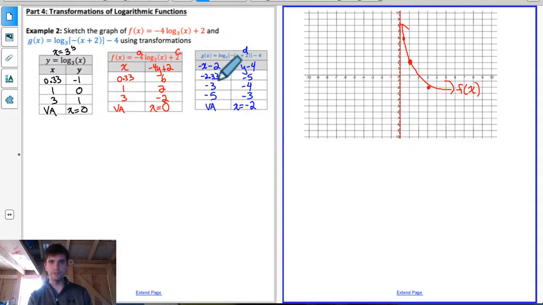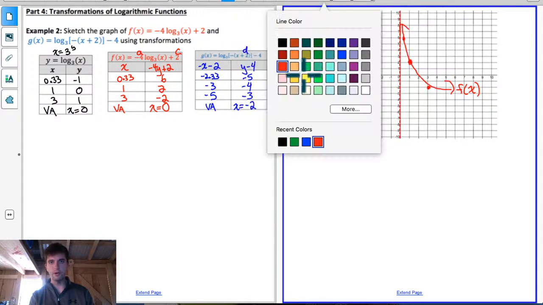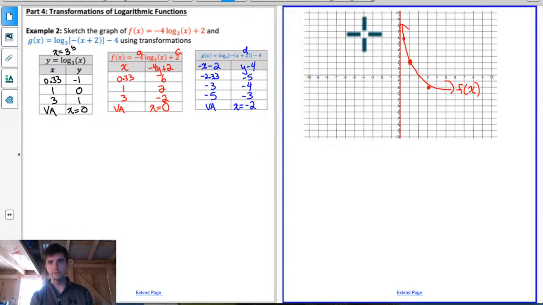Start by doing your vertical asymptote at x equals negative 2. And then we'll plot all 3 of our points. So here's x equals negative 2. And then we'll plot our points. (-2.33, -5), that's about right here. (-3, -4).